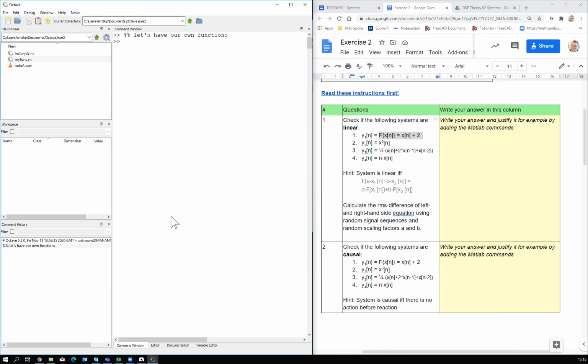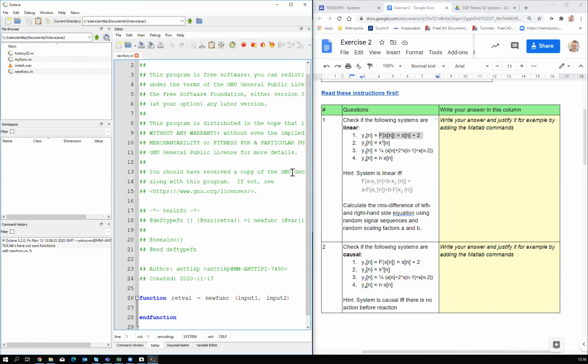I already have my func, but let's see, I will start a new one. Edit, new func. M files are either script files or function files. It does not exist, so we'll create a new one.